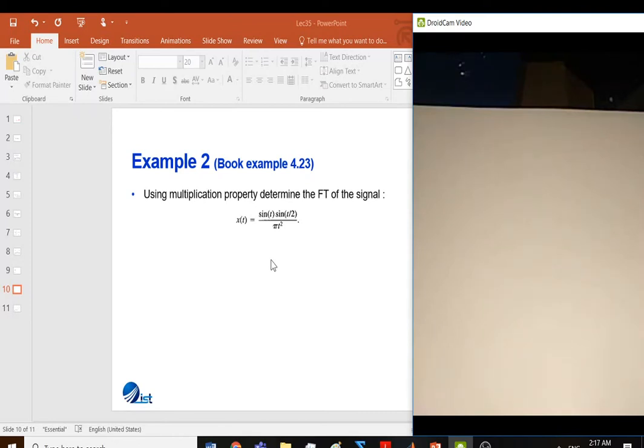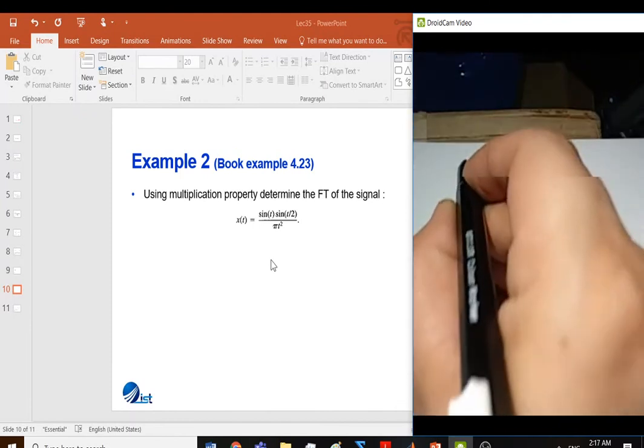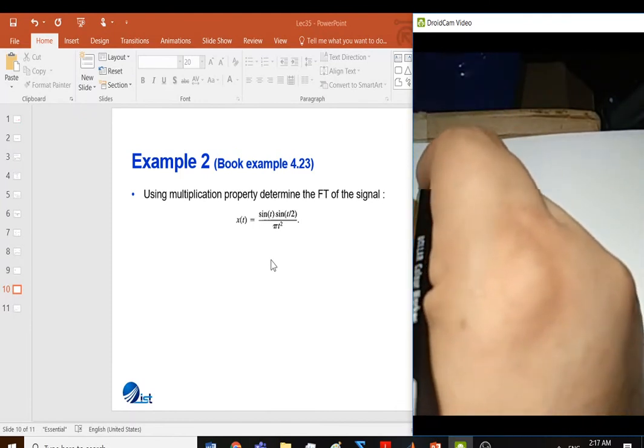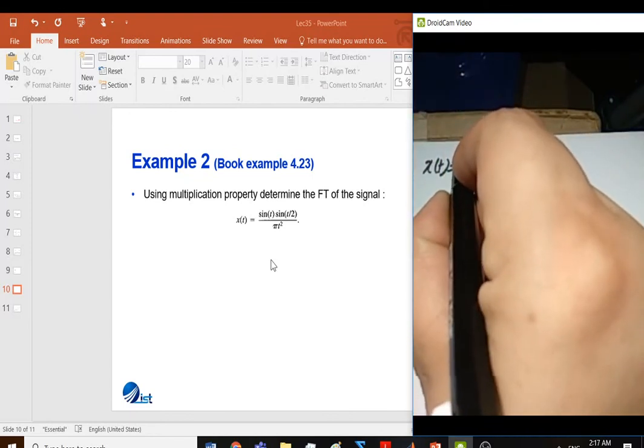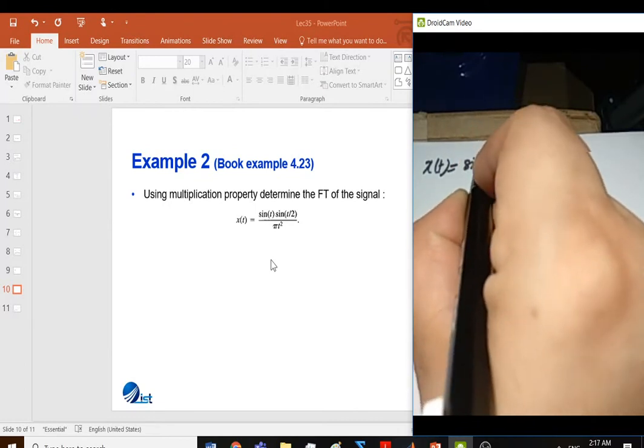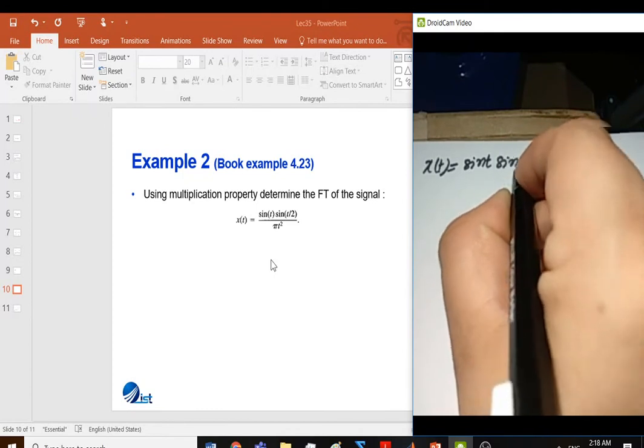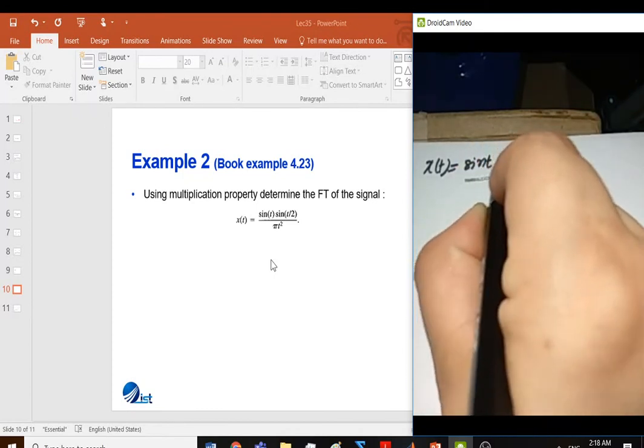Now if we look at this expression, we can see that this x of t is a product of two terms, which means that multiplication in the time domain must be convolution in the frequency domain. So first of all, let's decompose this time domain signal into individual terms which are being multiplied. x of t is equal to sine of t into sine of t by 2 divided by pi t square.